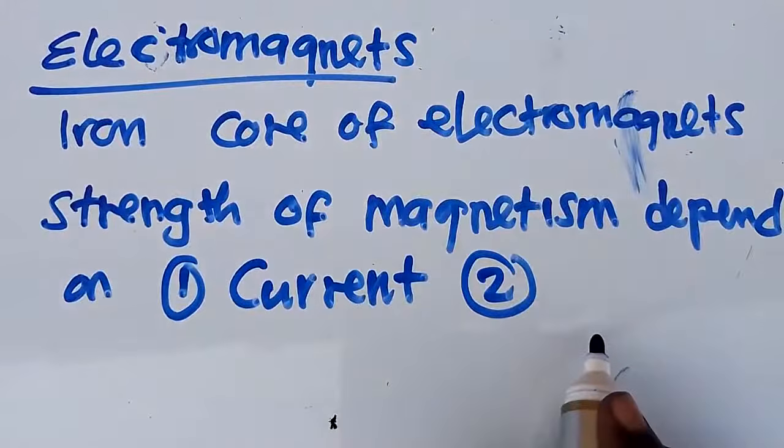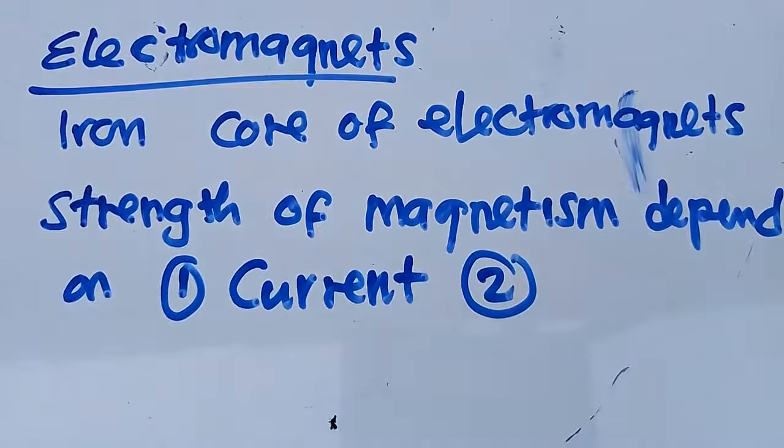Two, it depends on the number of turns per unit length of the solenoid. The third one is the material of the core.